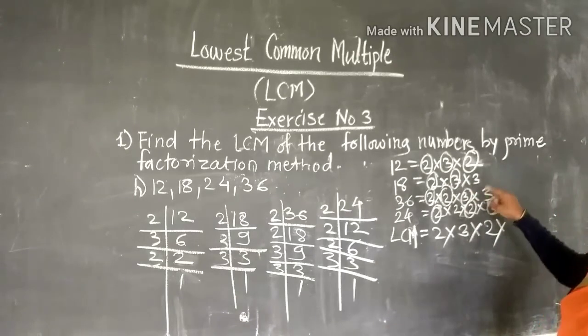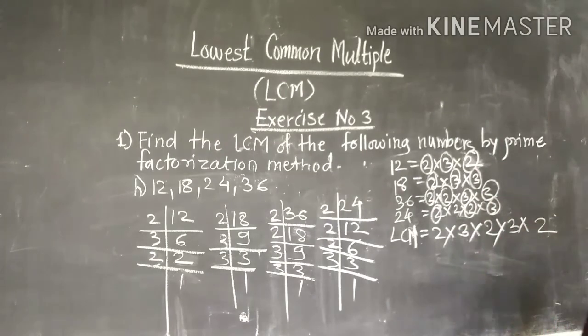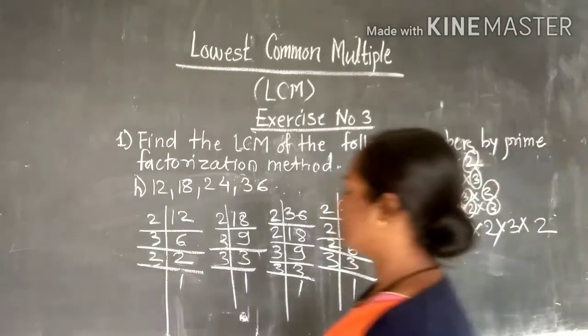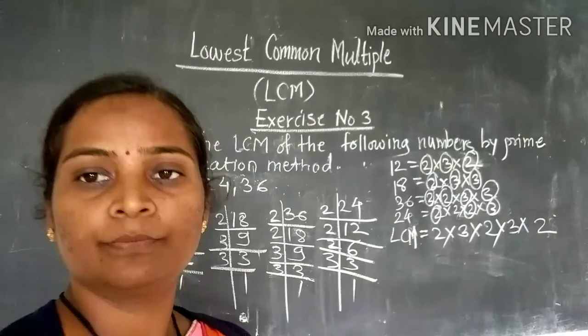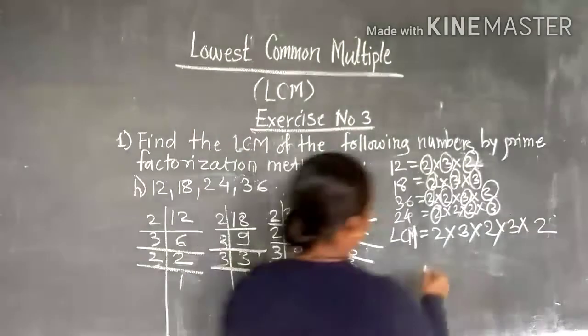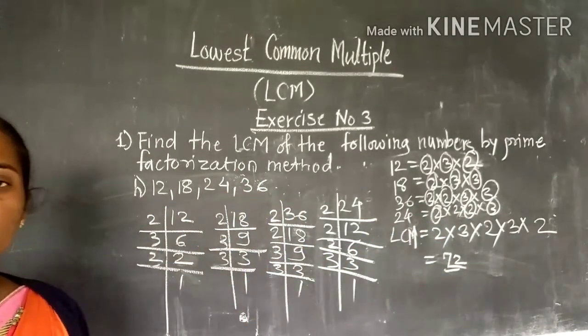Now this 3, 3 again common, write down 3, and here remaining is 2. Now you have to do the product. You will get the LCM for the numbers. Here is the answer. Okay, in this way you have to do.